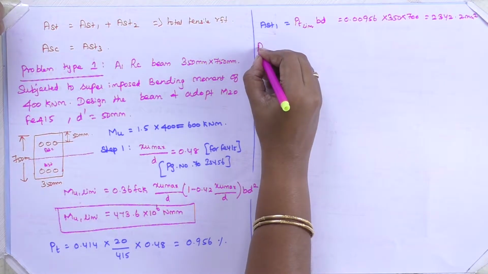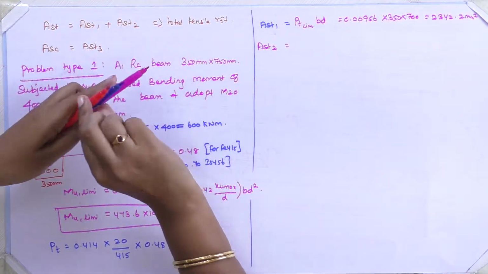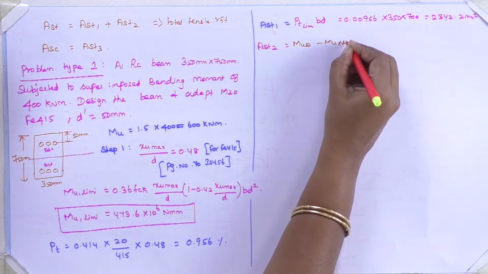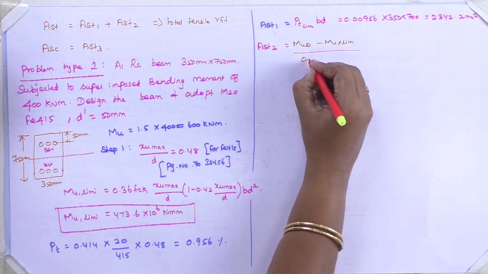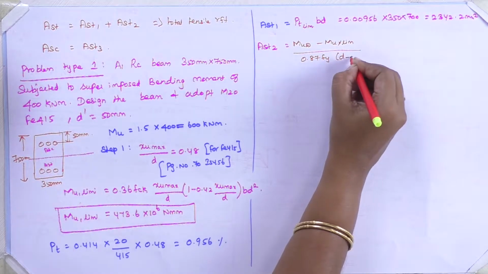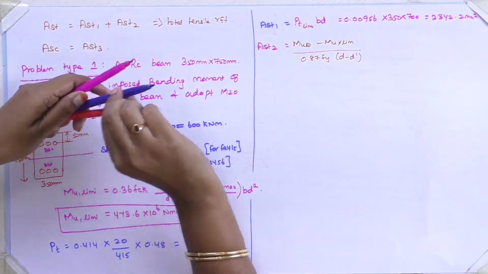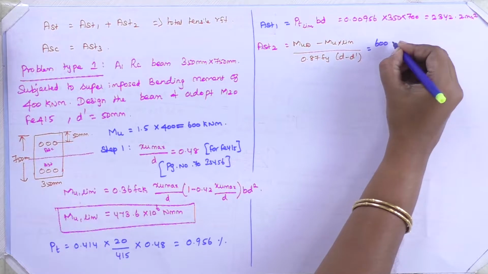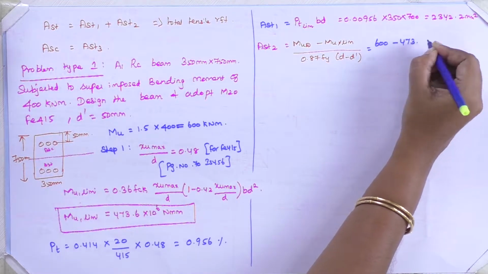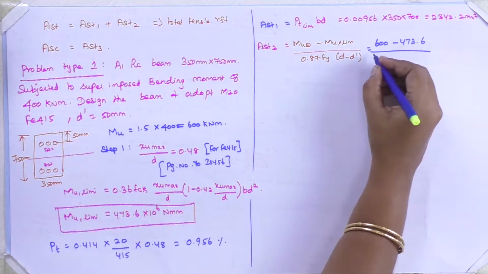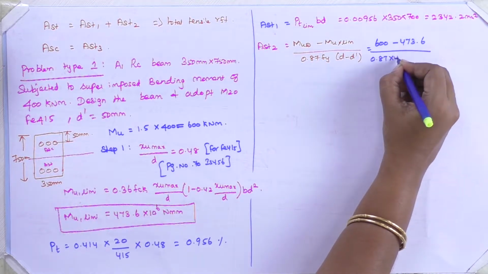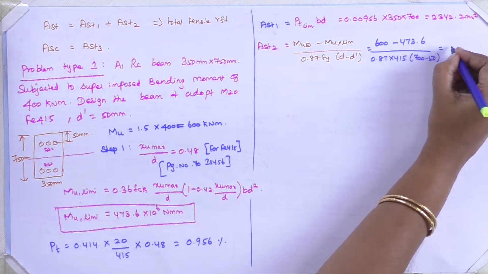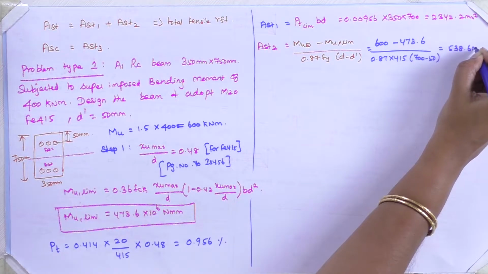Now I can directly calculate Ast2 as Mu minus Mu limit divided by 0.87 fy into d minus d dash. This Mu I know, that is they have given us 600 minus 473.6, divided by 0.87 into 415 into 700 minus 50. Now I will get Ast2 as 538.6 mm square.